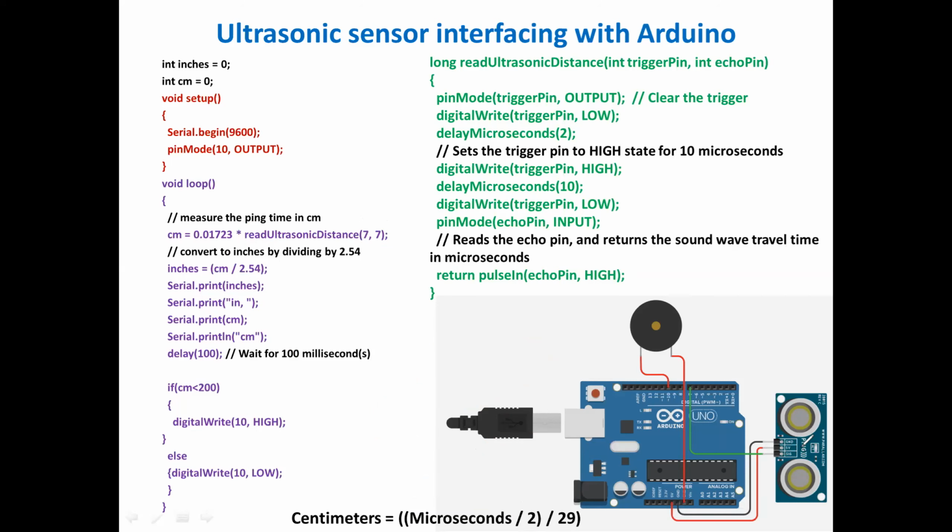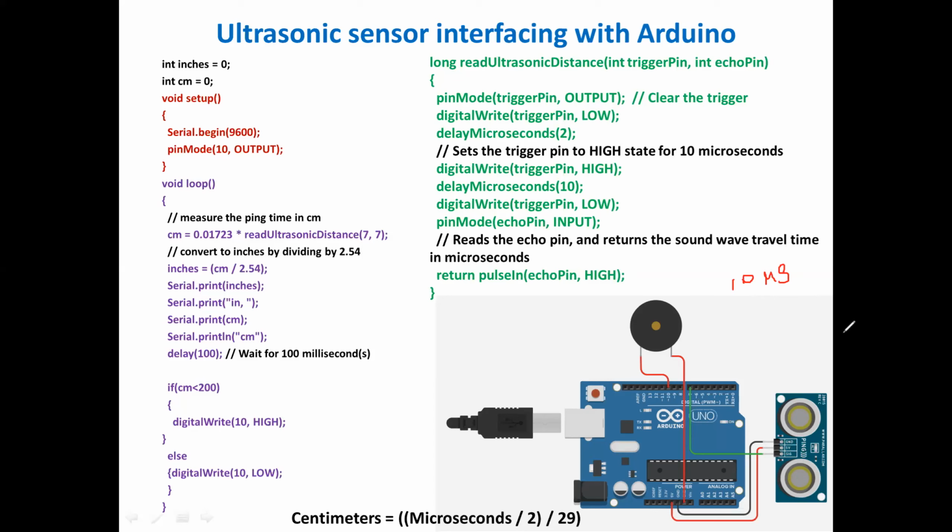You'll have 5 volt and a ground, and this single pin is going to act as both the trigger pin and echo pin. If it is a 3-pin sensor, the single pin acts as the trigger pin and also the echo pin. The first step, as I told, is that the trigger pin has to be set to high and maintained for 10 microseconds.